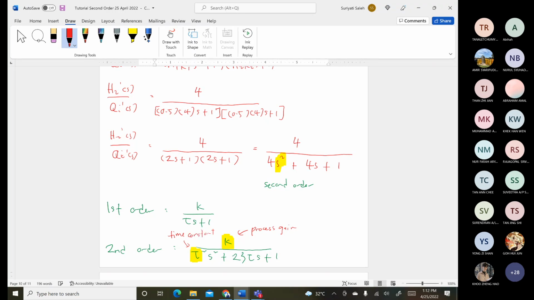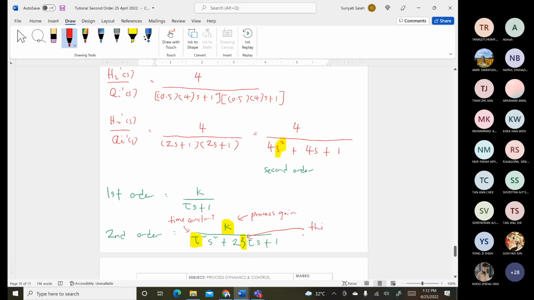For the second order, we have one additional coefficient, known as psi, the Greek letter, which we pronounce as psi. This term is called the damping coefficient. So here we have three terms: time constant, process gain, and damping coefficient.